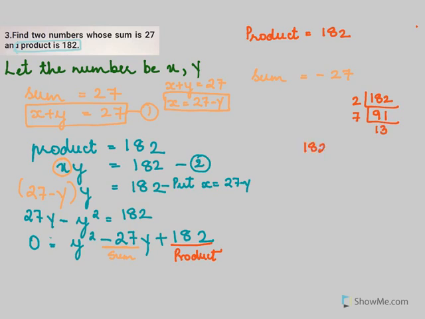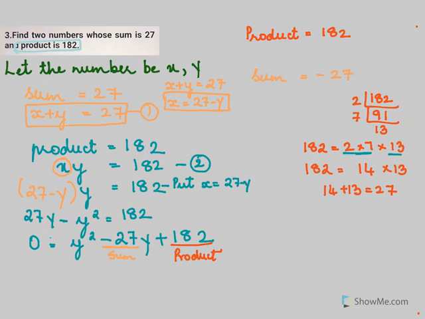So 182 equals 2 into 7 into 13. If I put these two together, I get 182 equals 14 into 13. Now remember, 14 and 13, when you add up, you get 27, and that's exactly what we want. So our factors must be 14 and 13.